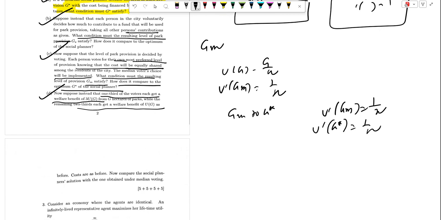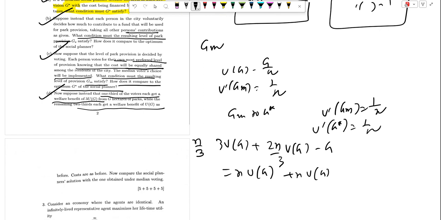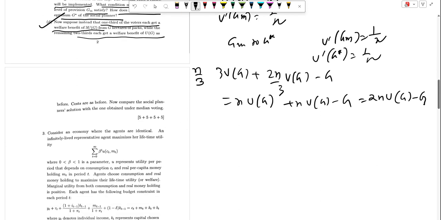In this case, N by 3 times 3U(G) plus 2N by 3 times U(G) minus G, that is 2N U(G) minus G. So the maximum total utility gives 2N U'(G), so U'(G star) is 1 by 2N.